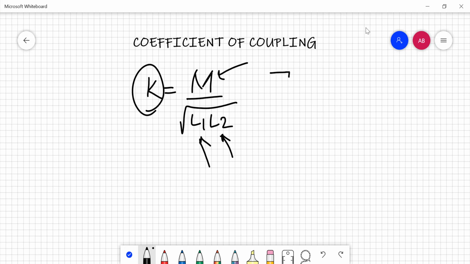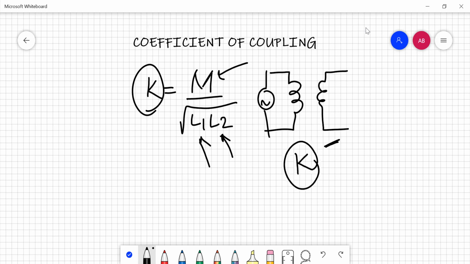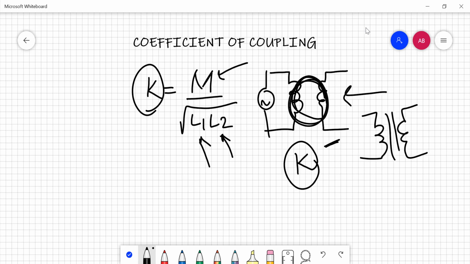As I discussed before also, if there is one coil and another coil is placed here, let's say the first one is energized and another one is placed here. It will depend upon the coefficient of coupling K how well the flux is getting induced in the second coil that is not energized. The coupling can be air coupling between them, or it can be iron core coupling, that is, an iron core is placed between the two coils for better coupling.